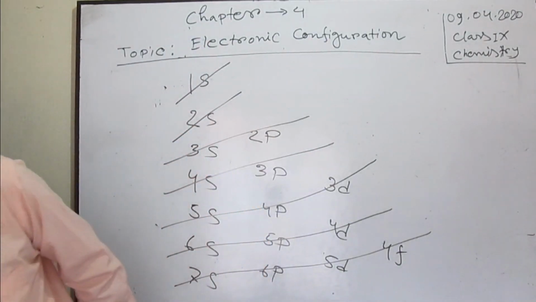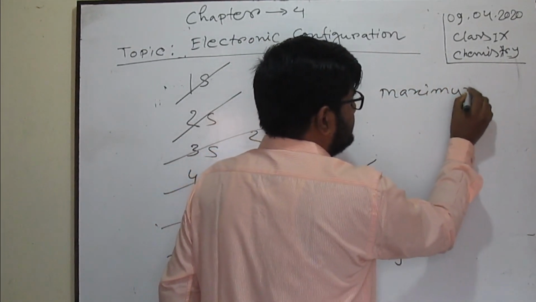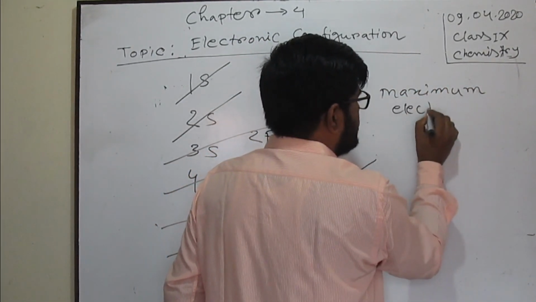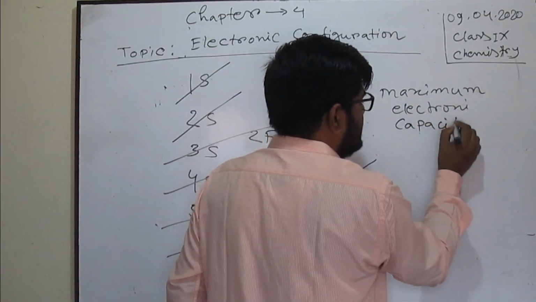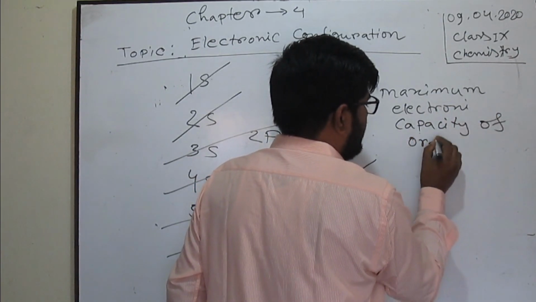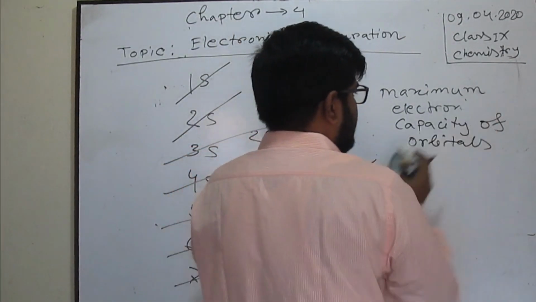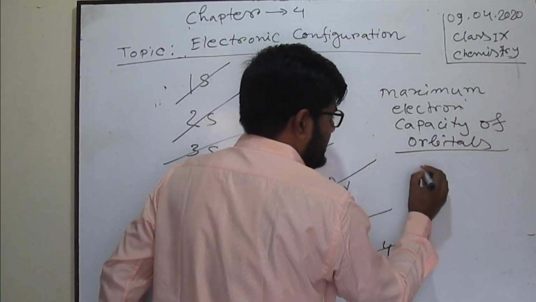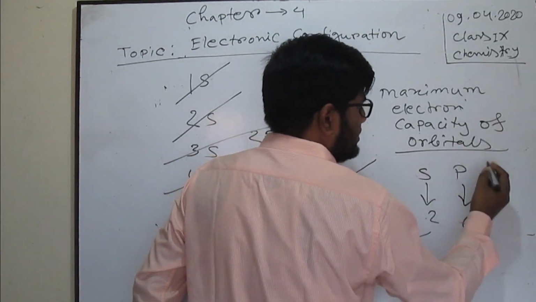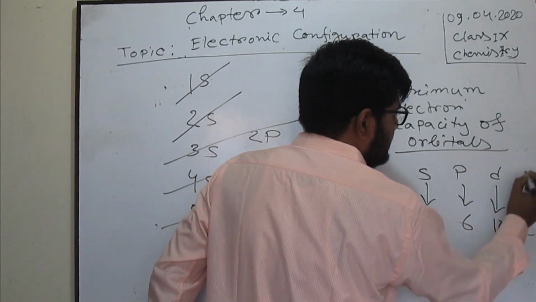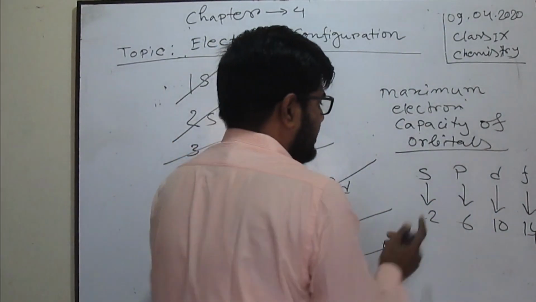And you know the maximum electron capacity of different orbitals: for s orbital it is 2, for p orbital 6, d orbital 10, f orbital 14.